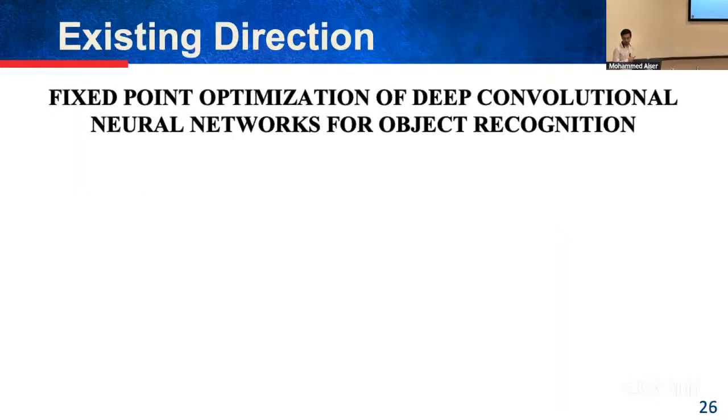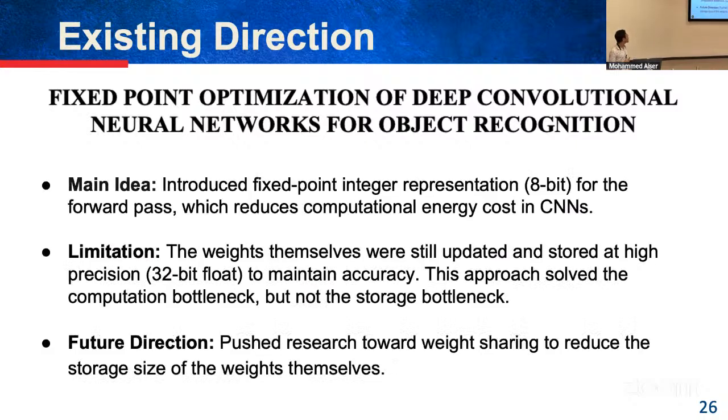So this is the first existing paper that they had to look through. The main idea of this paper is that they introduced the idea of moving away from the expensive 32-bit floating point math, and introduced the fixed point integer representation of 8-bit.